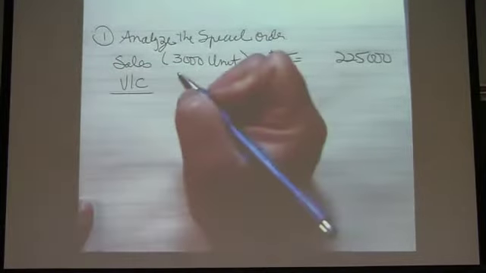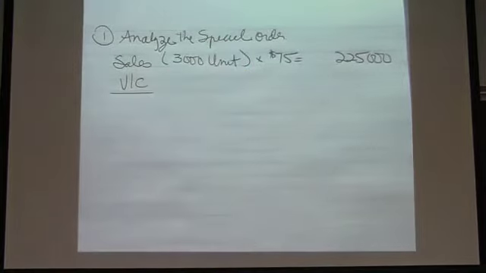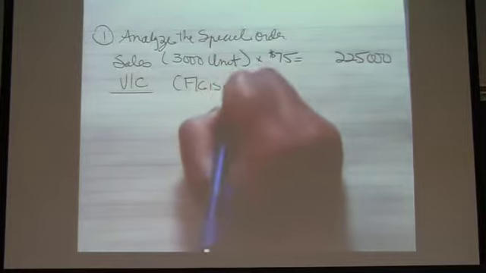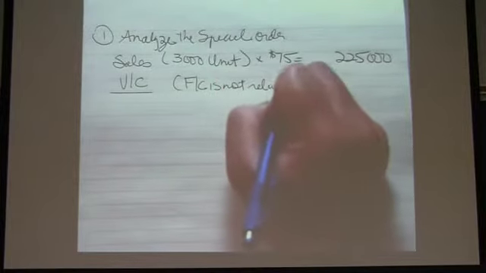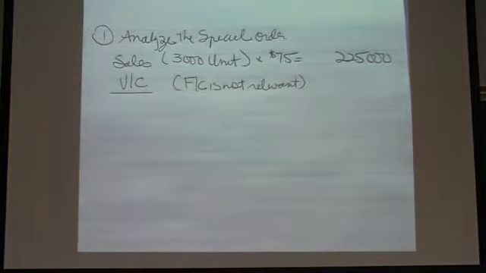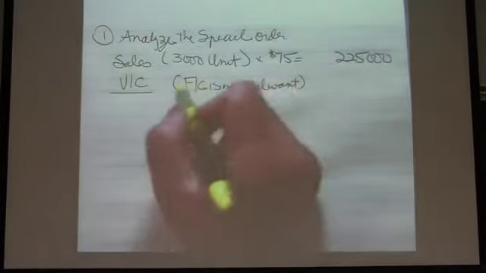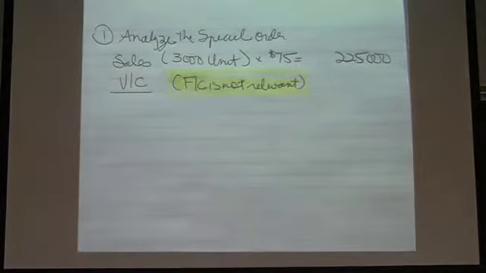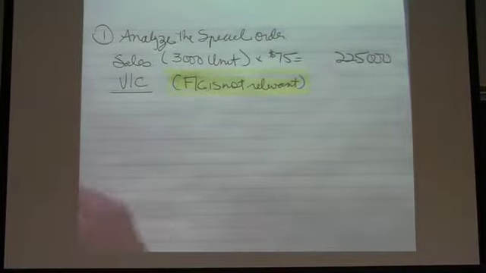Variable cost, that's all we're concerned about. Fixed cost is irrelevant in this case, because we're going to assume that that level of activity is not going to affect fixed cost. Remember, the capacity that establishes that fixed cost is 300,000 units, and we're only at 200,000 units. So we do have the flexibility to at least accept those 3,000 units.